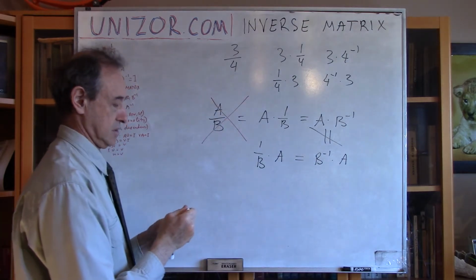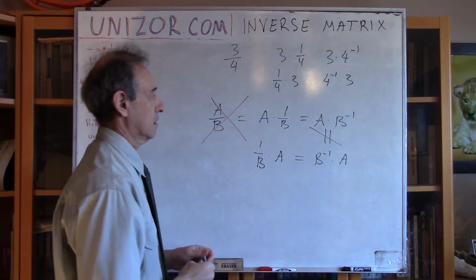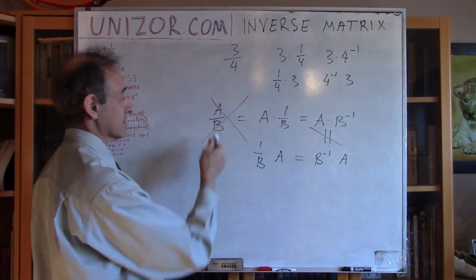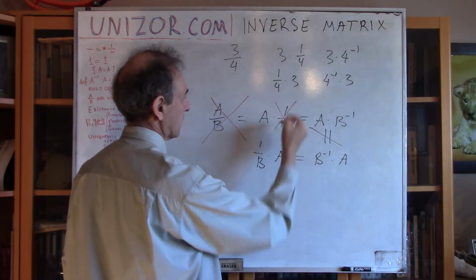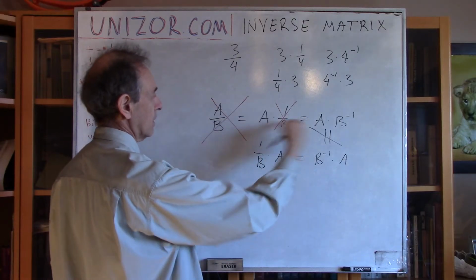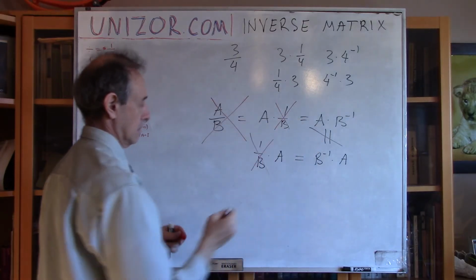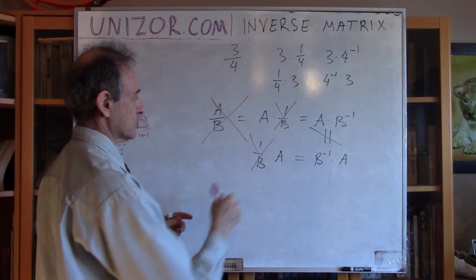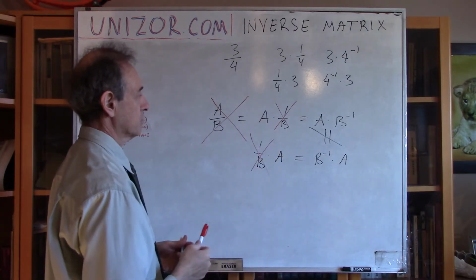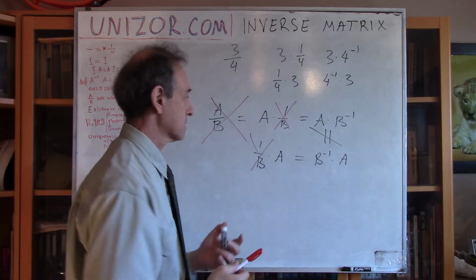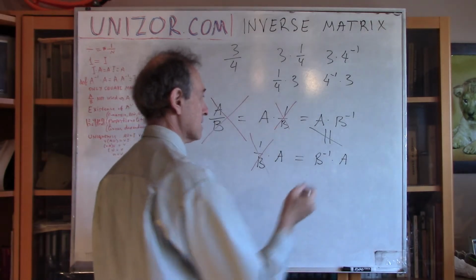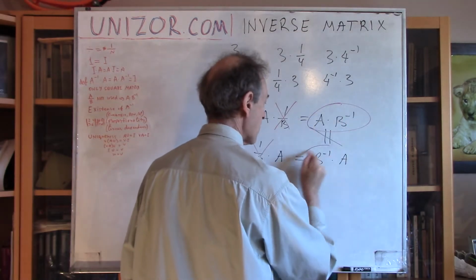We don't do this. And similarly, we don't really use this either, because it has basically the same kind of a horizontal bar which separates numerator from denominator. It's not really a well-defined thing. What is well-defined is this or this.